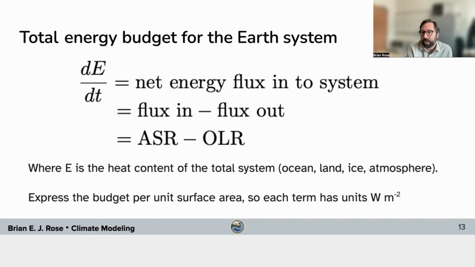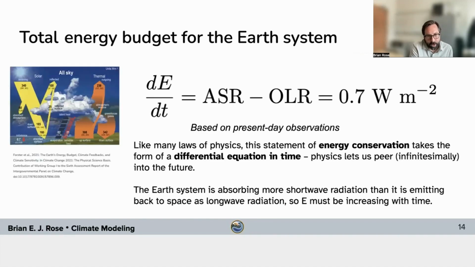So that's all the oceans, the land surface, the ice, the atmosphere. And the statement is just that E has to change if there's an imbalance in what's going in versus what's going out. So dE/dt = ASR − OLR, in units of watts per meter squared, as we've already been working with. We've been looking already at this imbalance. It's about 0.7 watts per meter squared presently.